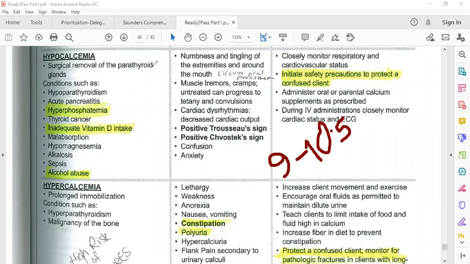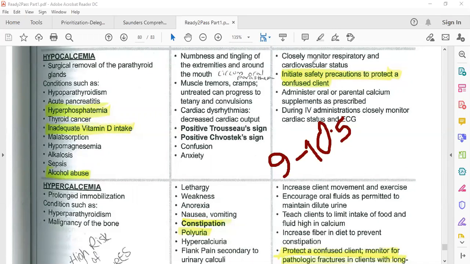Before going to the other signs and symptoms, definitely we should know the normal body functions of calcium. Everybody knows that calcium is the most important component for bone and teeth formation.